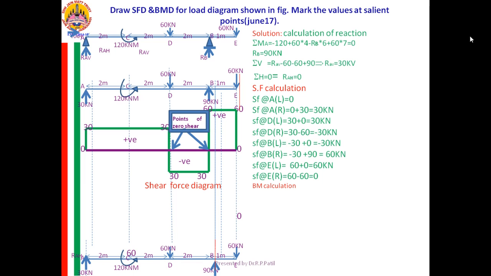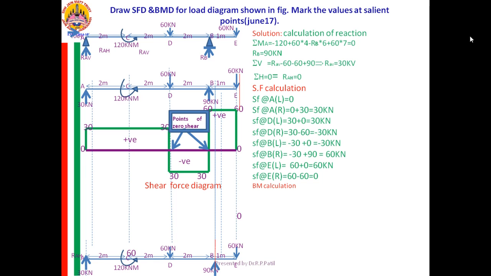So once again I am drawing that beam at the bottom. Why I am doing it is, in the examination it is not necessary to do it. Just to tell you what I mean by the left, right, where is the location where I am calculating the SF or BM, I am drawing that diagram.